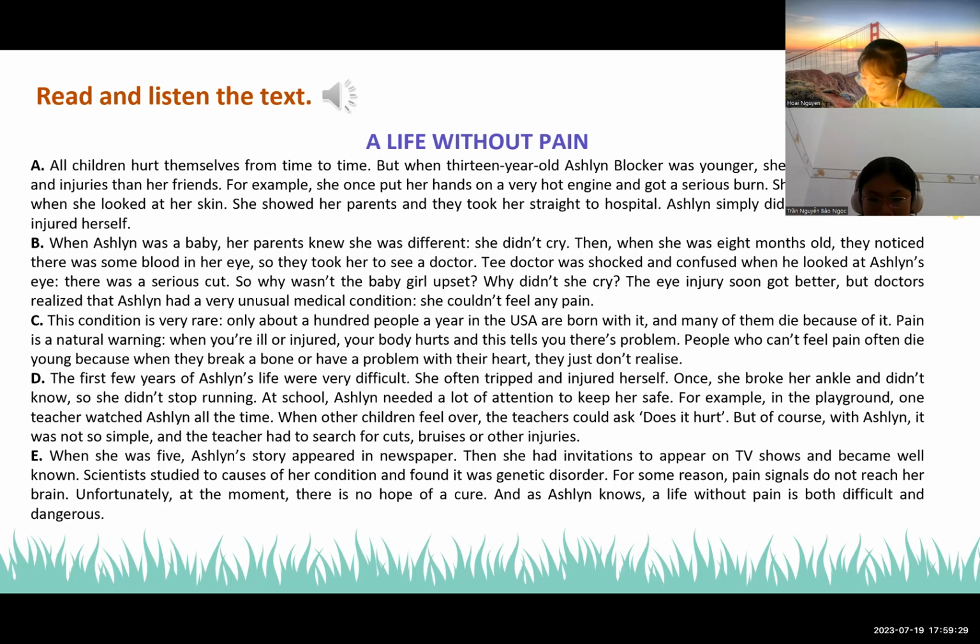When other children fell over, the teachers could ask, "Does it hurt?" But of course, with Ashlyn, it was not so simple, and the teachers had to search for cuts, bruises, or other injuries.